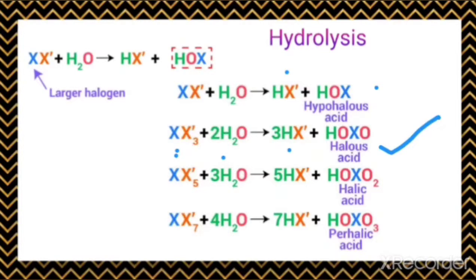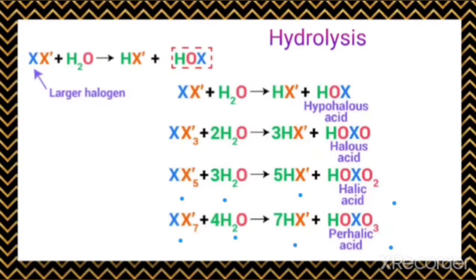But which acid is formed here? Halous acid is formed, that is HOXO. Next, XX dash 5 on hydrolysis gives rise to halide and halic acid, that is HOXO2, and XX dash 7 on hydrolysis gives rise to halide and perhalic acid, that is HOXO3.